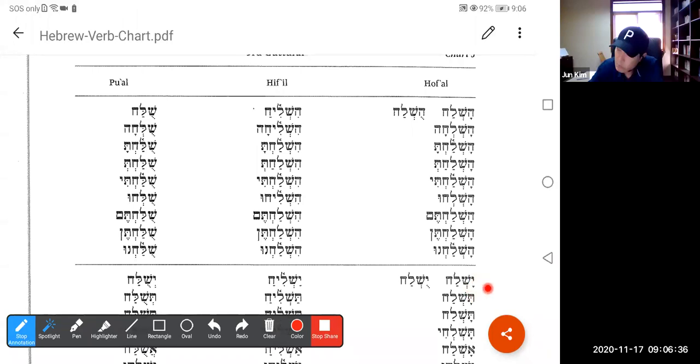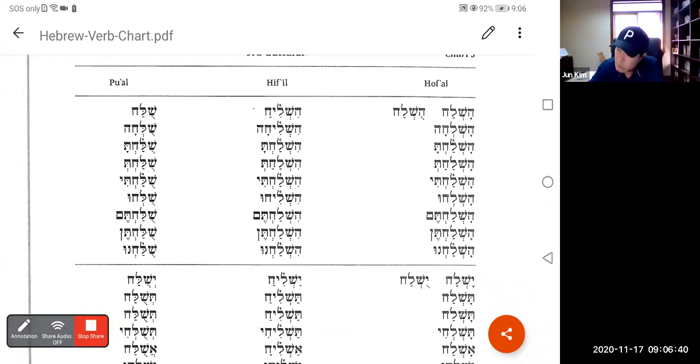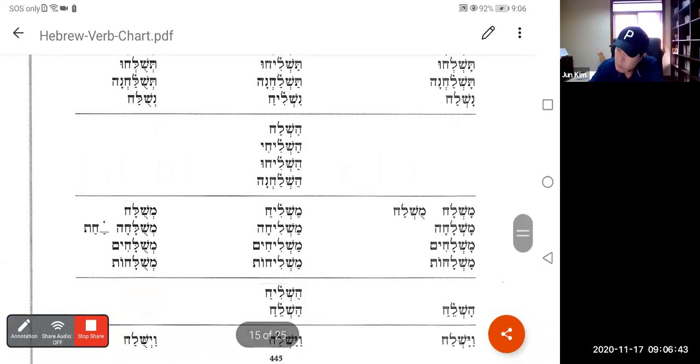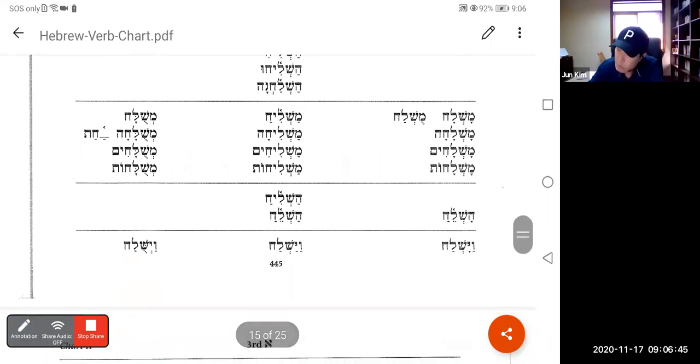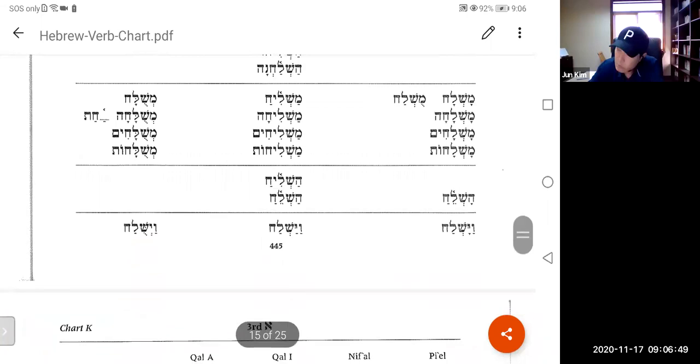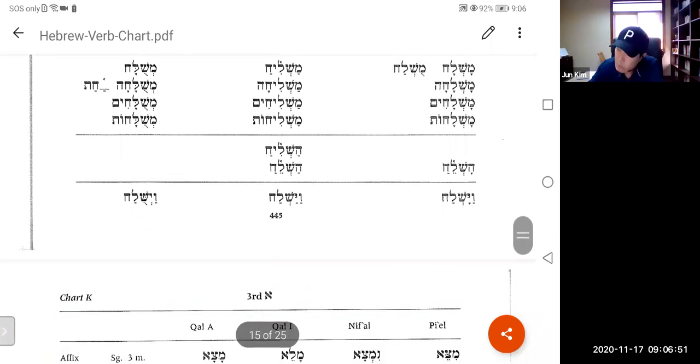The preformative ho is still there. And then once again, the qamets comes under the prefix pronoun. So it's the same. And preformative mo for the participle form.